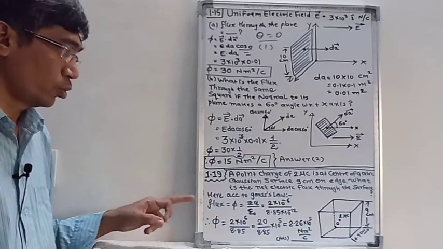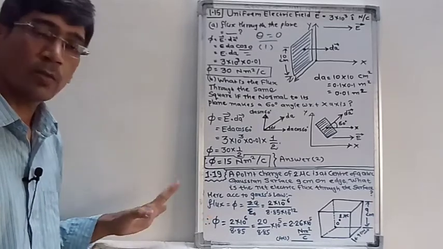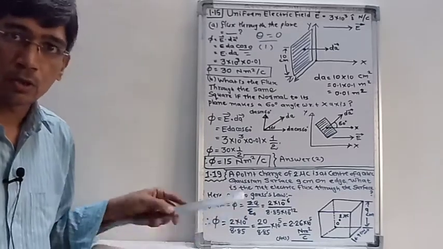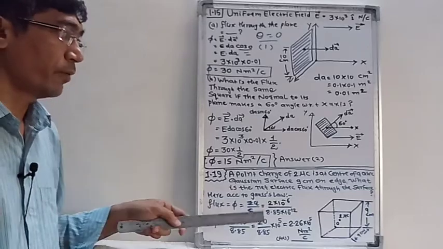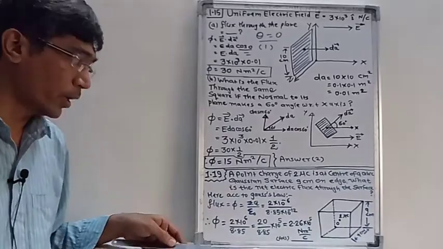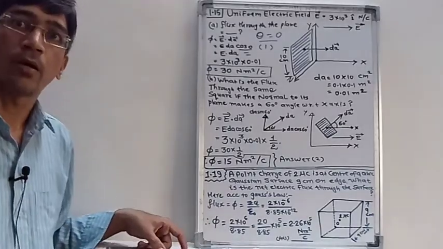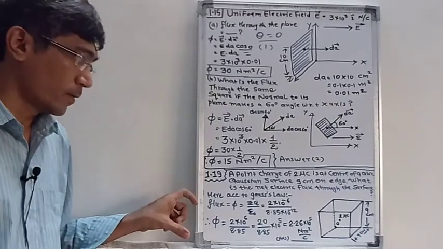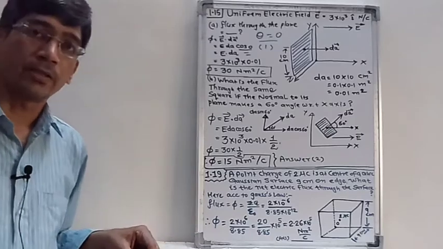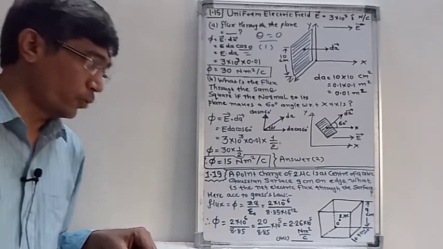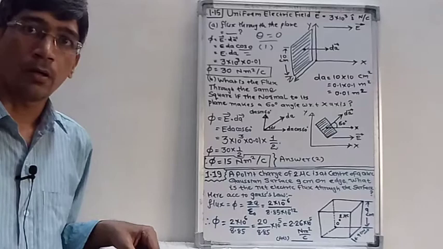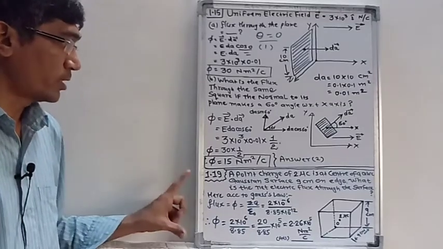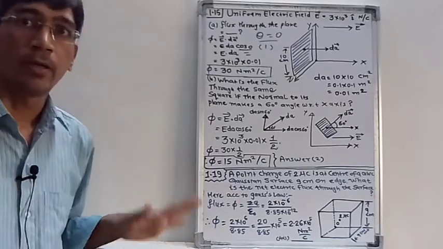So flux is equal to 20 upon 8.85 into 10 raised to 5, which is 2.26 into 10 raised to 5 Newton meter square per Coulomb. So this is the final answer of the flux, and this is the answer of question number 1.19.